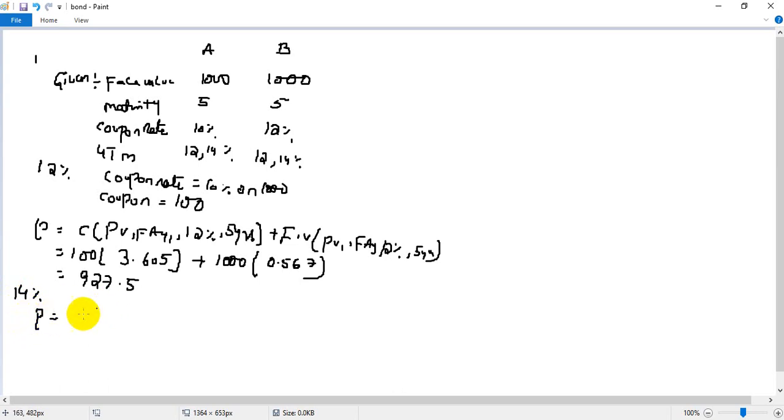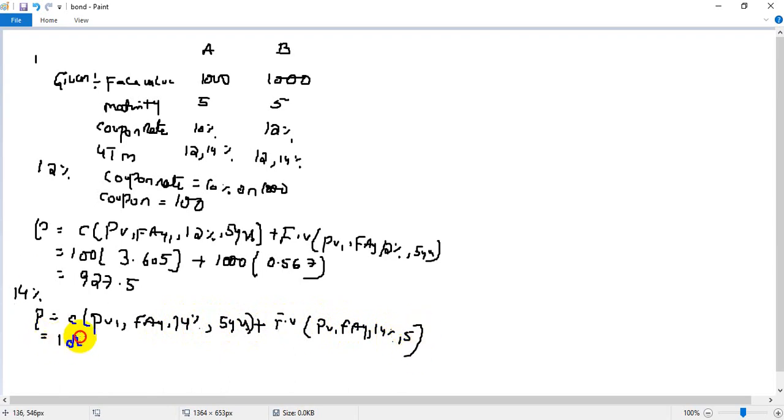Now coming to the next one, 14% you need to take. So the coupon amount will be the same, 100 into PVIFA 14%. Let me write down that part also so that you will not get confused. So over here, PVIFA 14% 5th year plus face value into PVIF 14% 5th year.